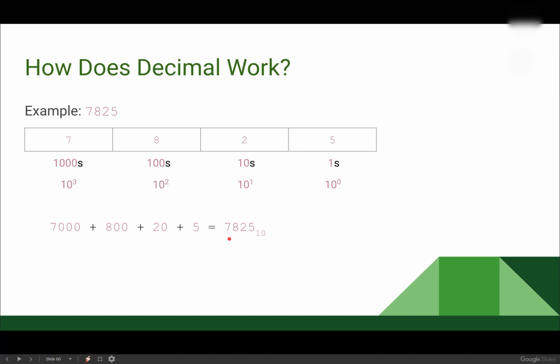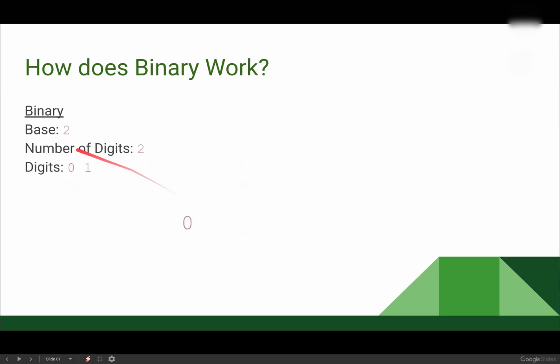All right, so now that we have a better grasp of how we use numbers in decimal, let's look at binary. In binary, we only have 2 digits, 0 and 1. So when I have my 0, if I add 1, boom, I get to 1.